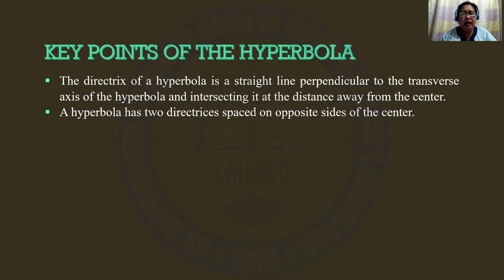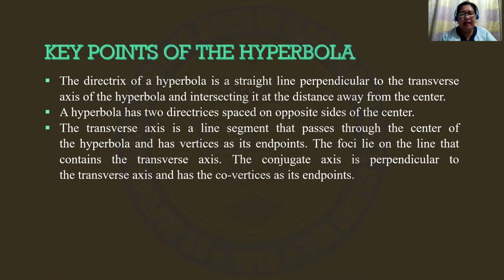A hyperbola has 2 directrices spaced on opposite sides of the center. The transverse axis is a line segment that passes through the center of the hyperbola and has the vertices as its endpoints. The foci lie on the line that contains the transverse axis.